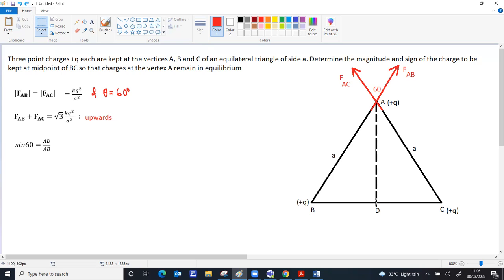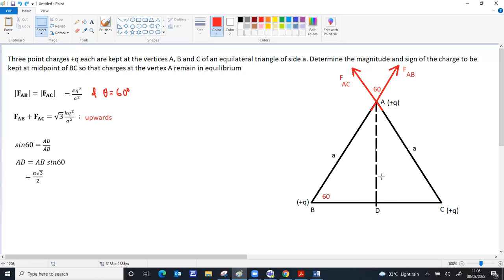Our aim is to find AD. So AD is equal to AB times sine 60. AB length is given as A, sine 60 is √3 by 2. So AD is A into √3 by 2.